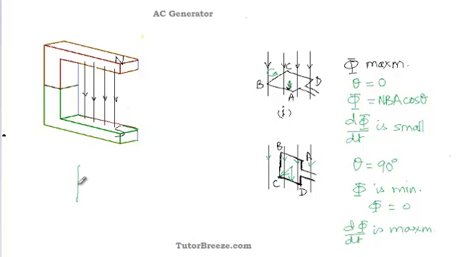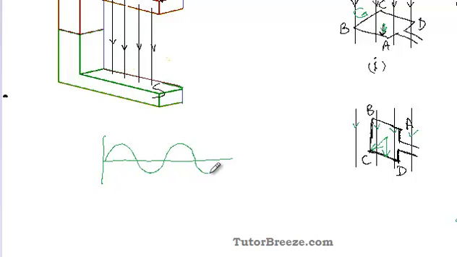So you get an output which looks like this. The positions at which you have minimum flux are the positions when the plane of the coil or the armature is perpendicular to the magnetic field.